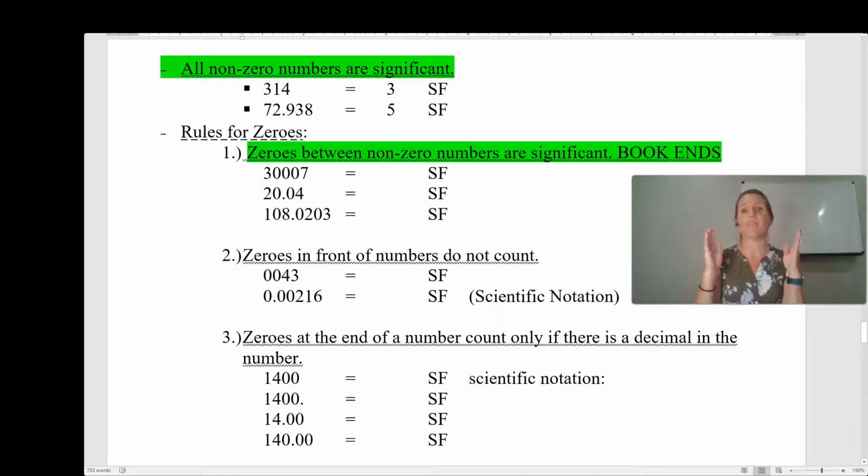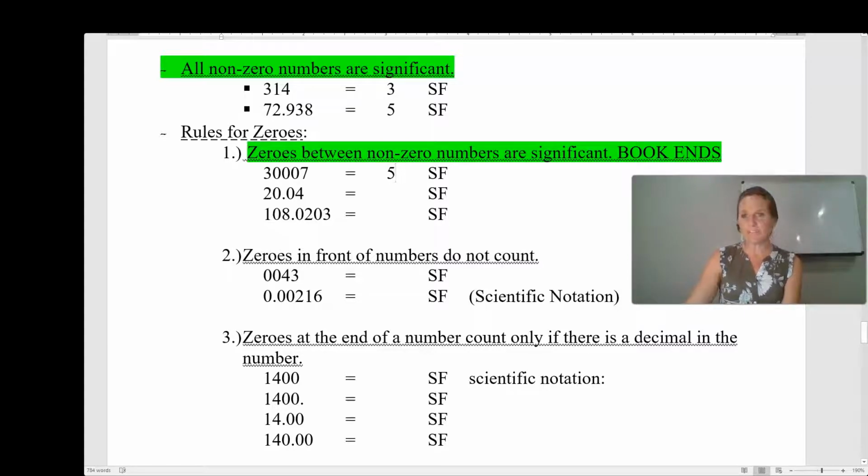This is when you have non-zero numbers as bookends, okay? So a number like 30007 has the 3 and the 7 as bookends, and so everything in between automatically is significant. So a number like 30,007 would have 5 significant figures.